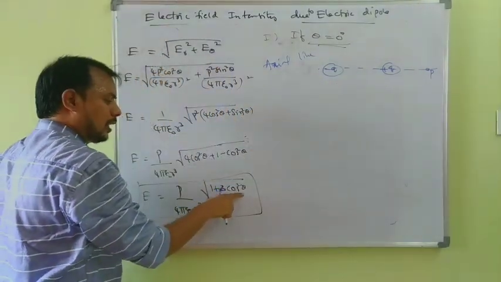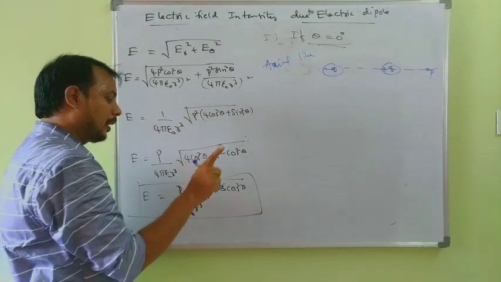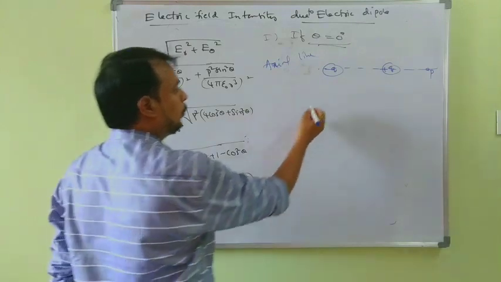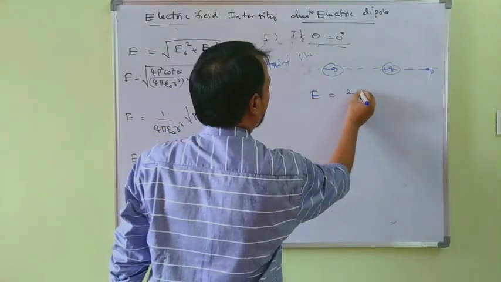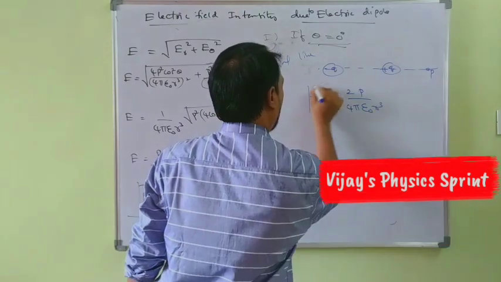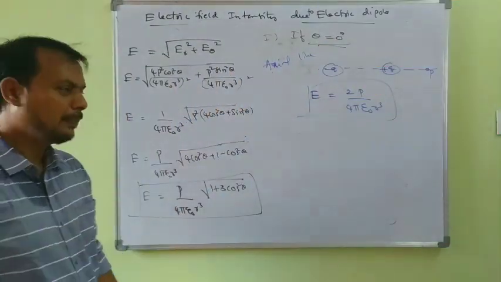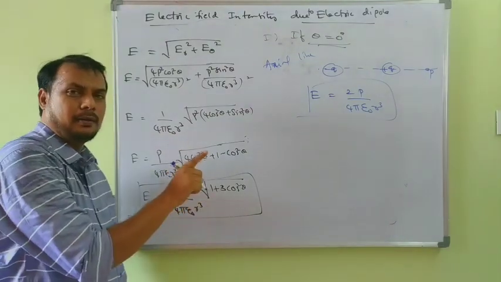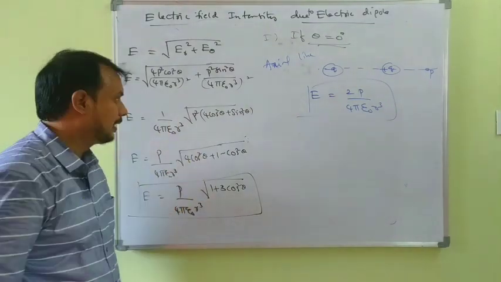Now substitute cos 0, it is 1. 1 plus 3 is 4, root over 4 is nothing but 2. So electric field intensity becomes 2p by 4 pi epsilon naught R cube. Okay, this is the electric field intensity at a point along the axial line.